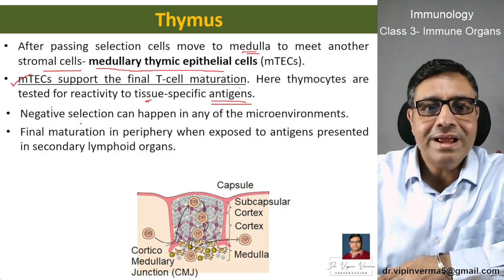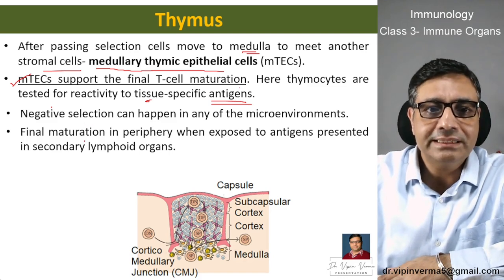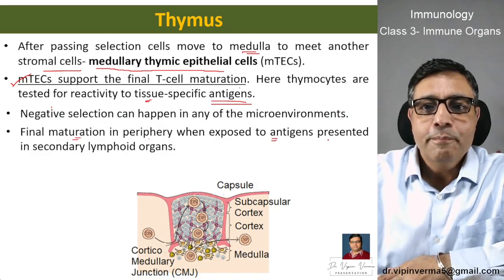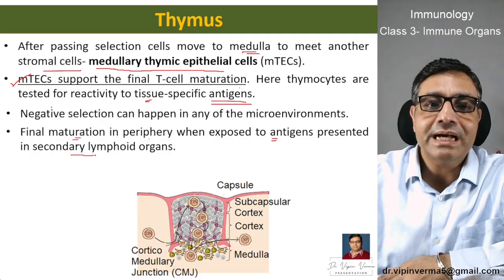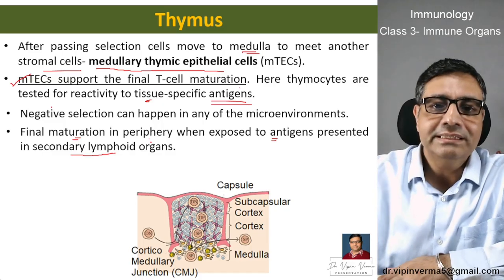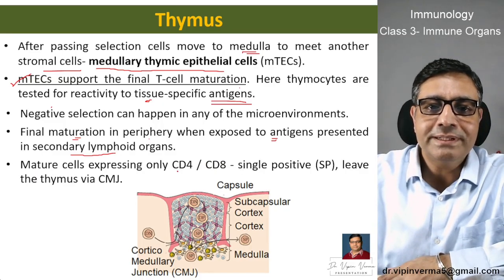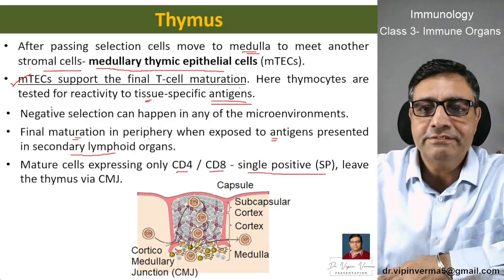So now when they have qualified the selection test, then the final maturation happens in the periphery when exposed to antigens presented in secondary lymphoid organs, and most of these antigens are the tissue specific antigens. So mature cells now express only either CD4 or CD8, and we call them single positive cells.